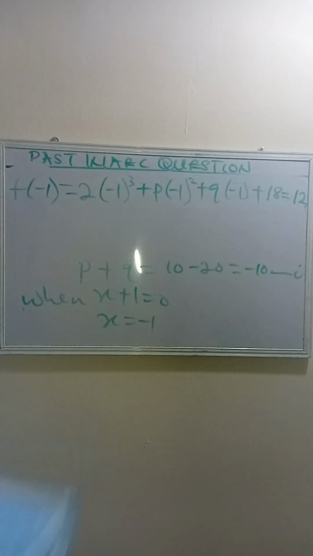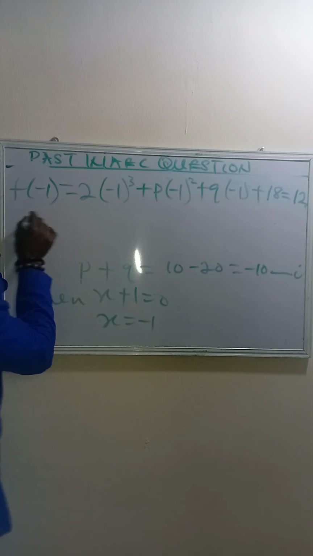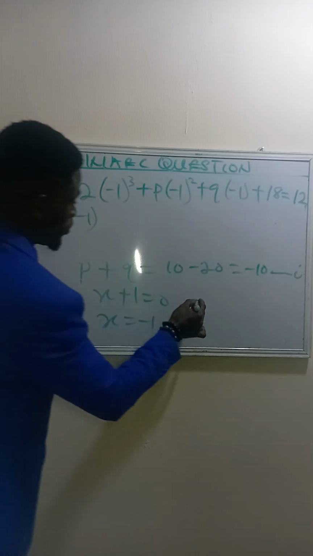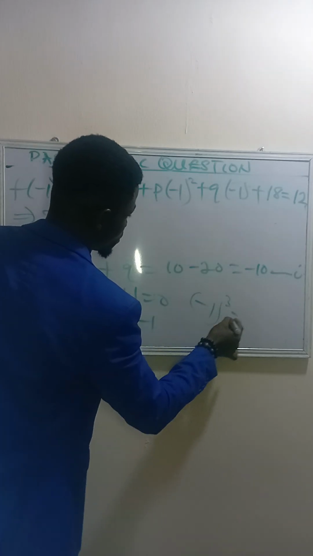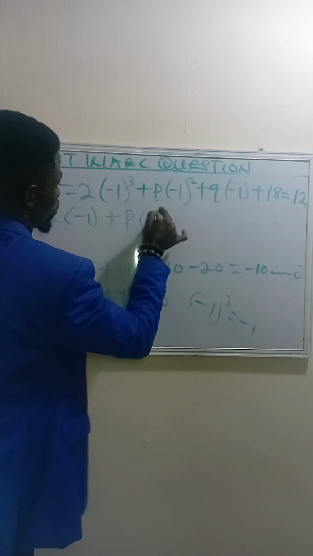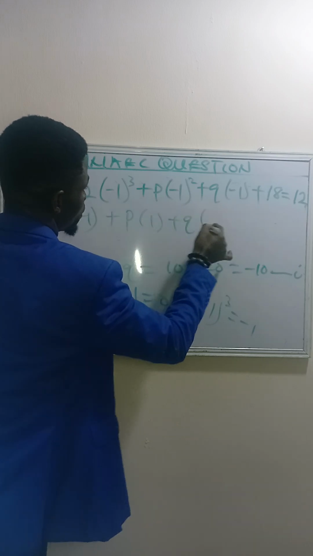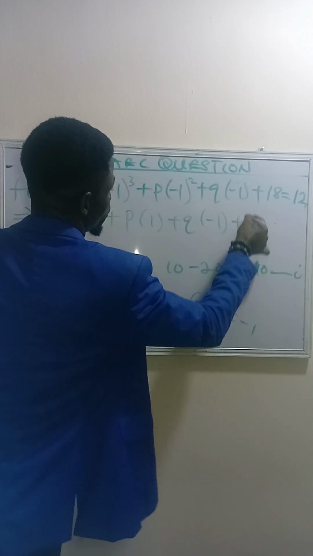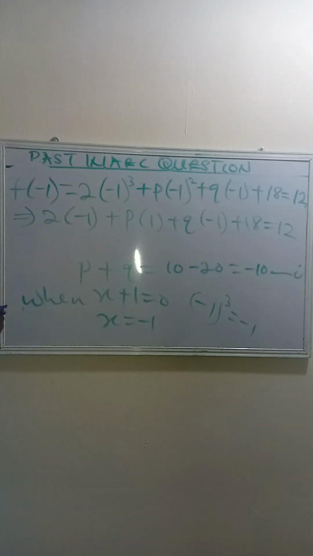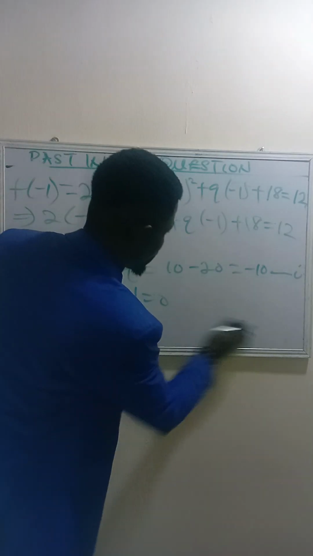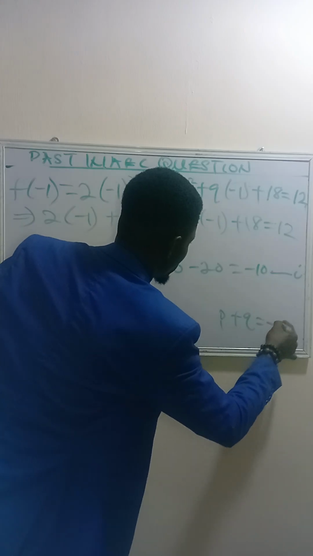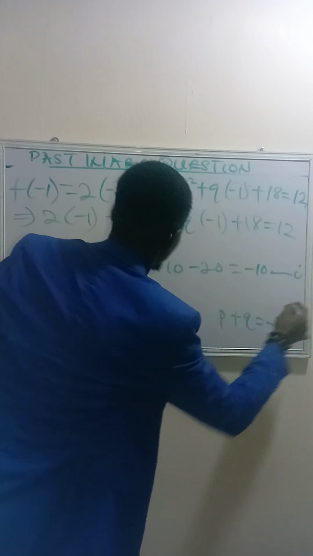Is that okay? So let's solve this one. 2 bracket minus 1 raised to power 3 means minus 2. Then plus p, this one gives plus p, then q bracket minus 1, then plus 18 equals 12. Let me write the equation here: p plus q equals minus 10 as equation 1.